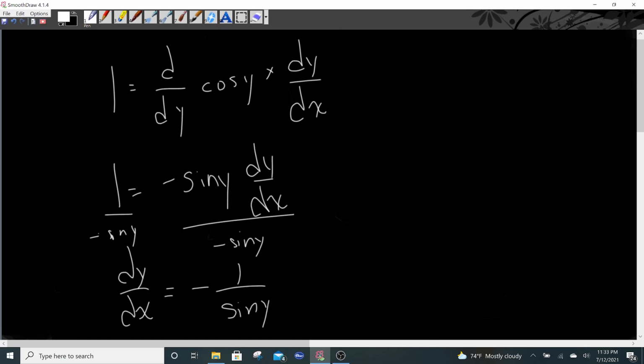And using a trig identity, we know that sine squared x plus cosine squared x is equal to 1. I don't think a proof for this is necessary. It's just a very common trig identity.